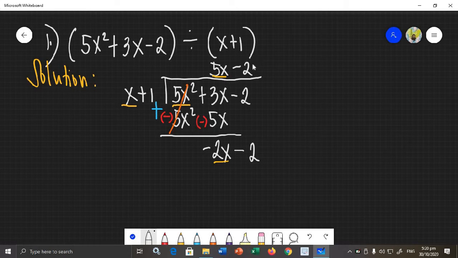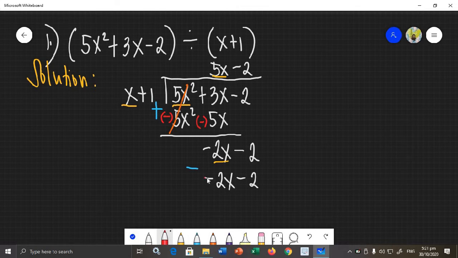So right after we get the quotient, negative 2, imumultiply natin siya pareho sa terms ng divisor. Negative 2 times x is negative 2x, and negative 2 times 1 is negative 2. Okay? And then we need to subtract this, and apply the rules in subtracting integers.